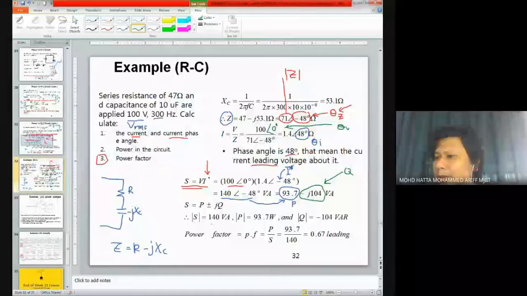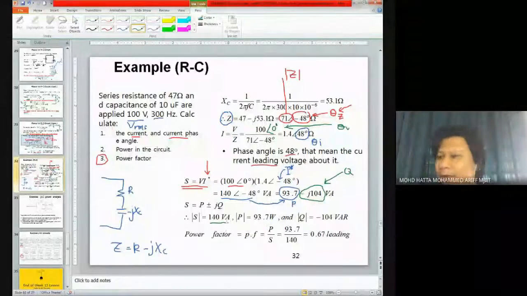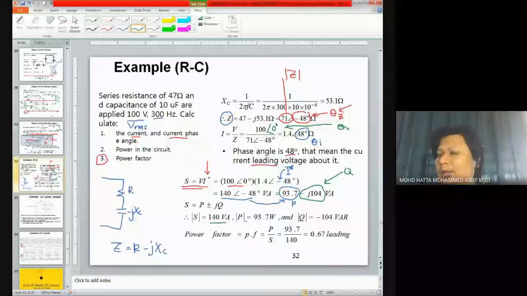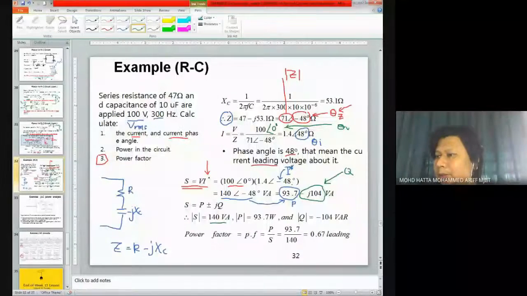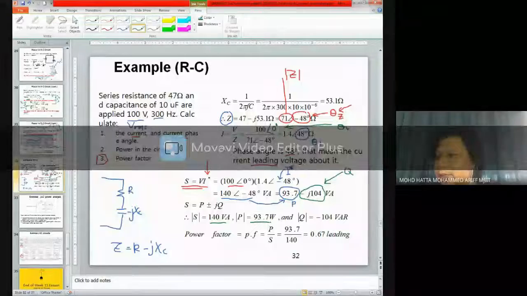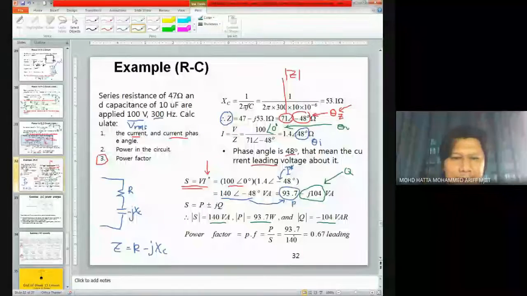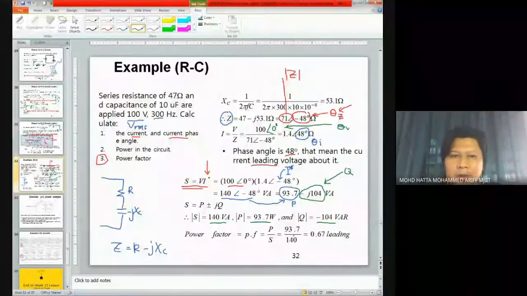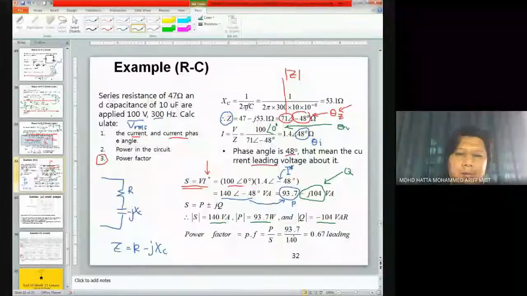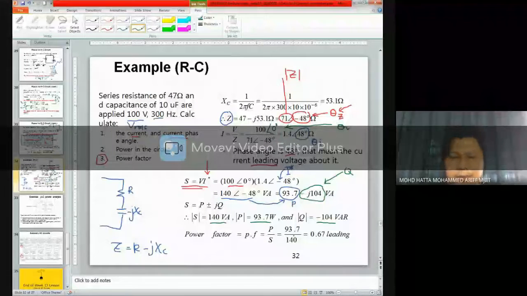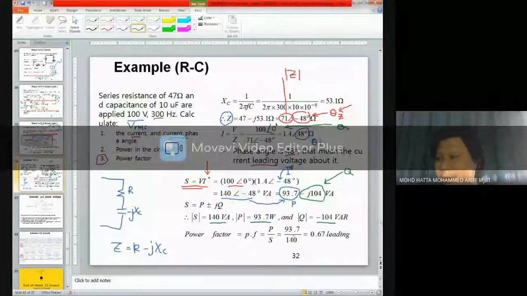So now you will have your apparent power, which is given by 140 VA. Your active power, given by this portion, is 93.7 watt. And for your reactive power, make sure you include the sign, because the sign is very important for knowing the characteristic of your load impedance as well as your power factor later on.